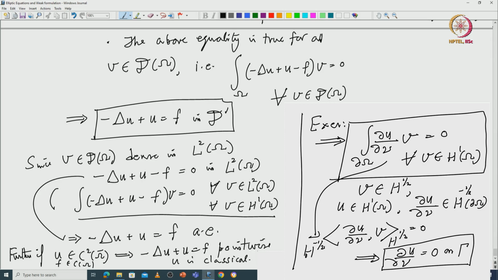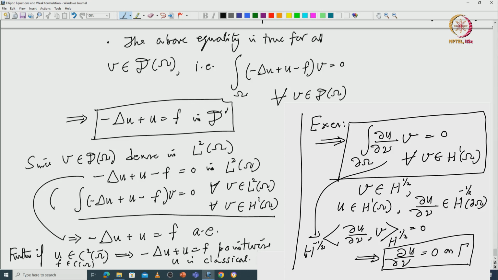You see, and this is precisely the duality: if v is in L2 and u is in H2, you will get it as H half. In that case you get L2. So, depending on further regularity you can get more. So, this is basically H half, and this will be H minus half, equal to 0.